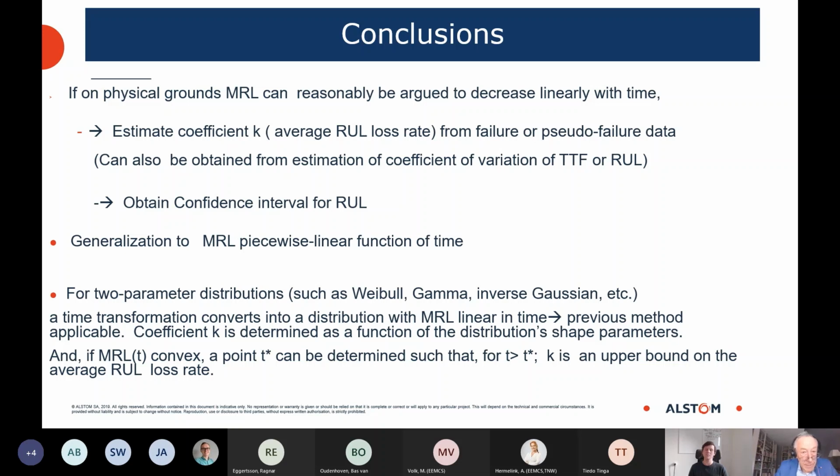And then we can obtain a confidence interval for the RUL. And it can be generalized to the MRL, which is not linear, but a piecewise linear function of time.